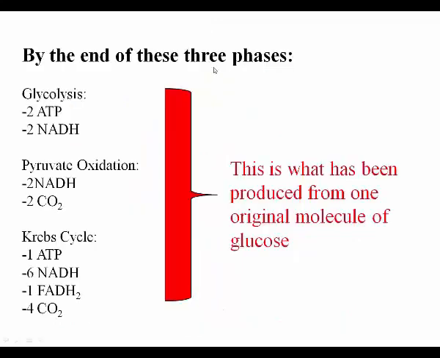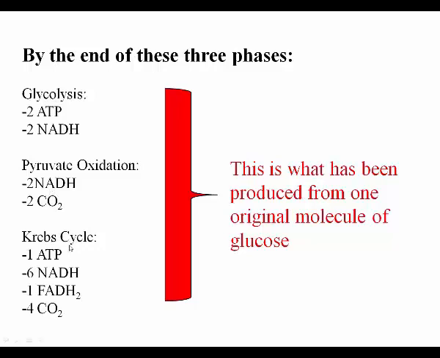By the end of these 3 phases, this is what we've produced from 1 molecule of glucose. In glycolysis, we net 2 ATP, 2 NADH. The ATP can go and be used to drive energy-requiring steps in the cell. Pyruvate oxidation produced some CO2 byproduct and NADH.